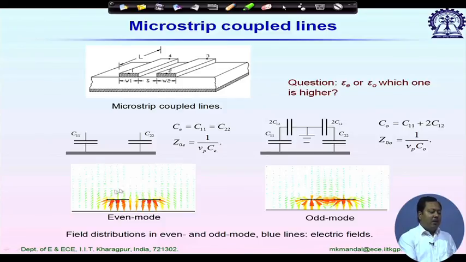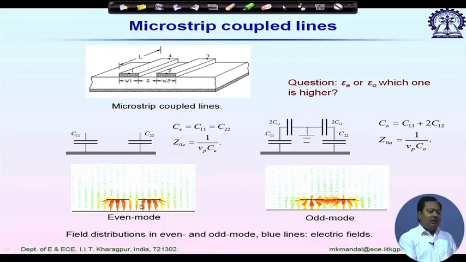So, we can model this system by using two capacitors, C11 representing the first line and C22 representing the second line, and then with effective CE we can consider these two lines with ground together as a single transmission line system. This single transmission line system will be associated with some beta, alpha and some characteristic impedance.